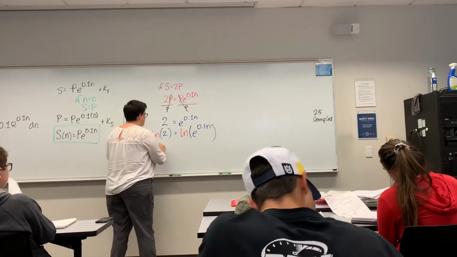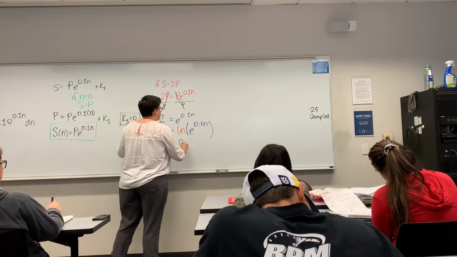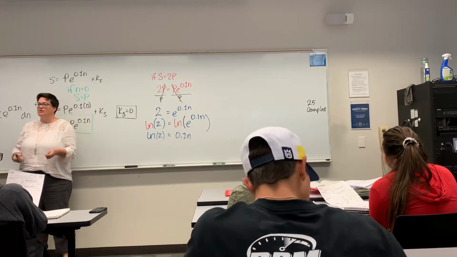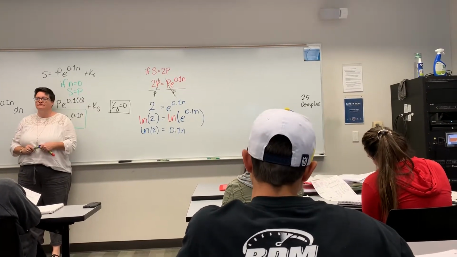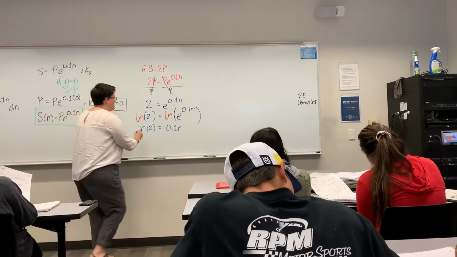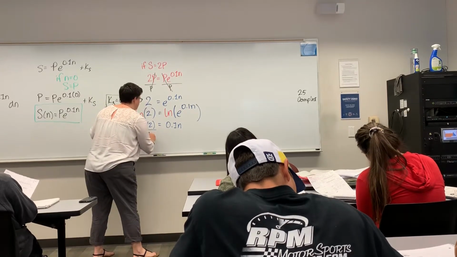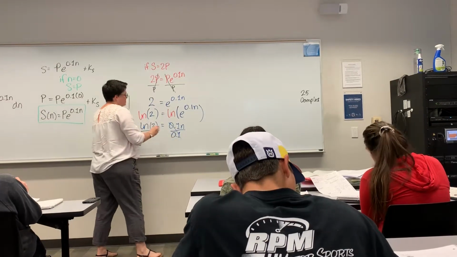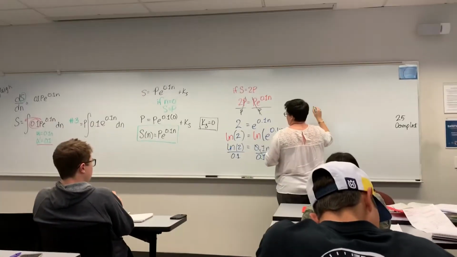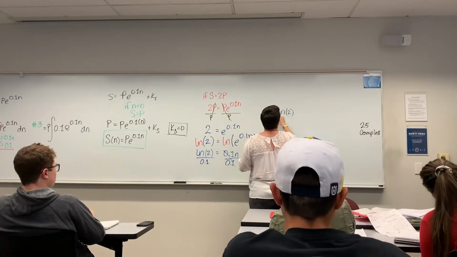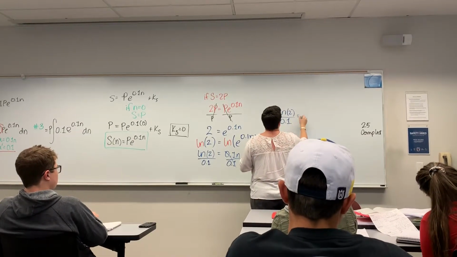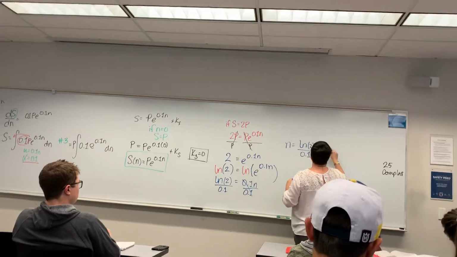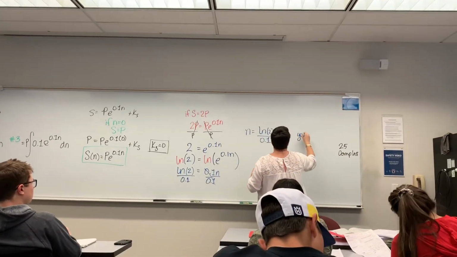So now I have the natural log of 2 over here equals 0.1 n. So now, how do I solve for n? Divide both sides by 0.1. Very nice. And that'll cancel. And we're gonna get n equals natural log of 2 divided by 0.1, which is 7 and change years. 7 point something years.